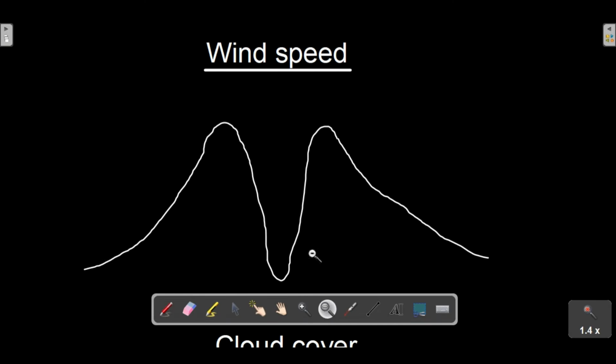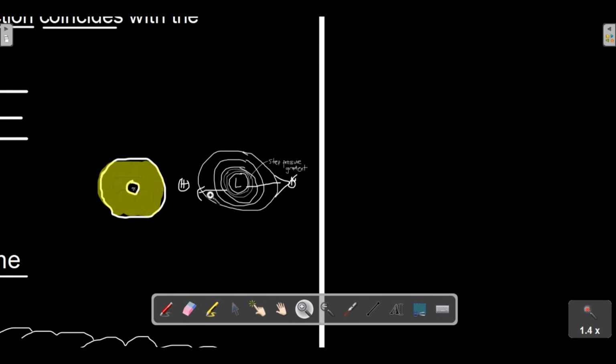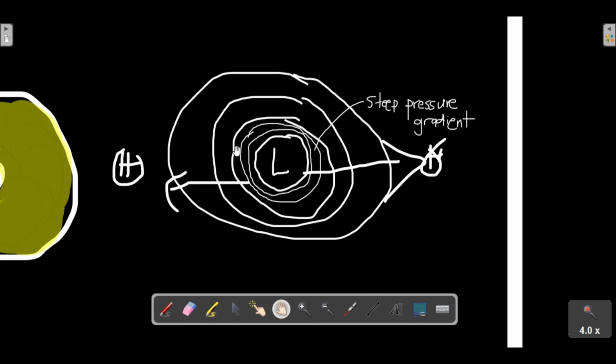Okay, so take a look again at that. Pressure gradient, we say that it is the highest right here. So a steep pressure gradient really affects wind speed and also affects cloud cover, guys. These two are almost always related to pressure gradient.